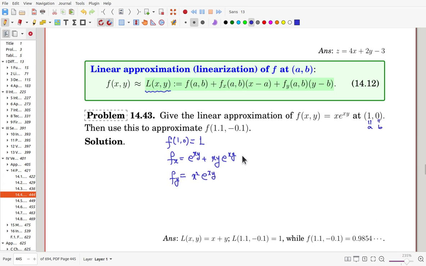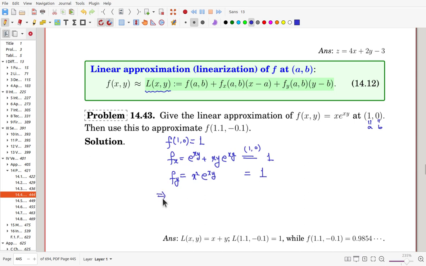Now we use the point (1, 0). x is 1, y equals 0, so that is e to the 0, and y equals 0 makes the second term 0, so that is 1. Now again, using the same point, x is 1, y equals 0, that is again 1.